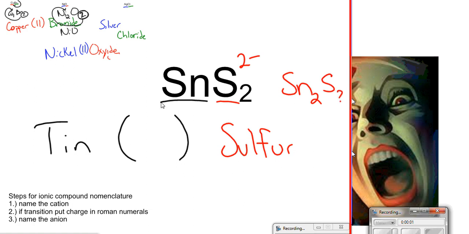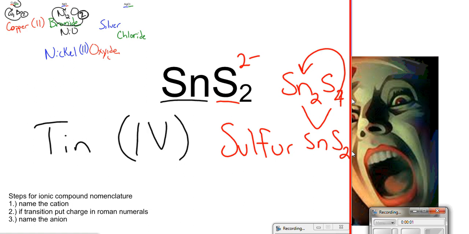We need this to factor down into a 1-to-2 ratio. So what does this question mark have to be to factor down? Well, what's twice as much of 2? 4. And that's where that 4 comes from. That's how we know that this is tin 4 plus. So this is tin 4.